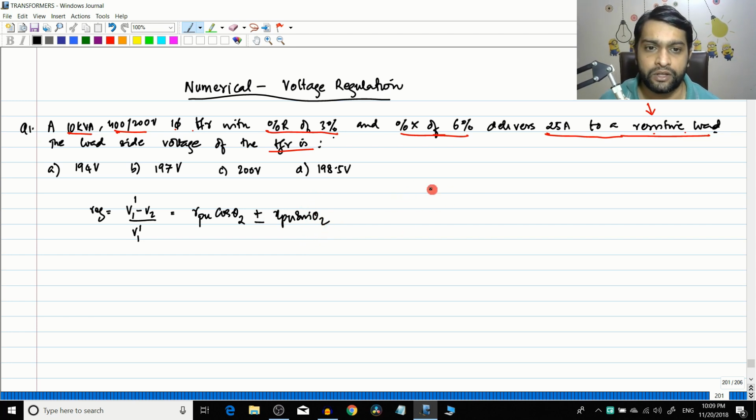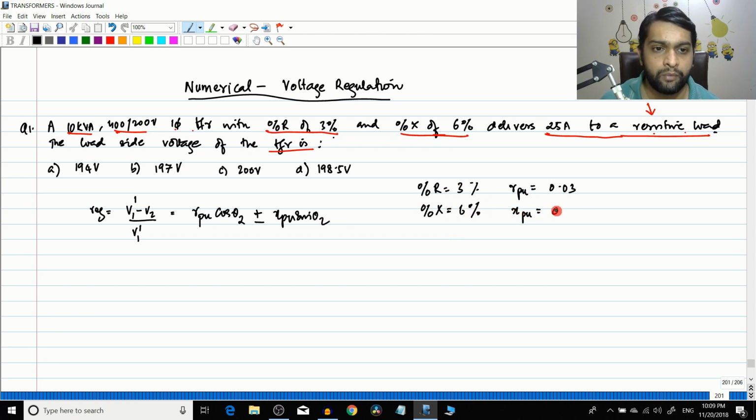So let's write down what is given here. Percentage resistance is given to be 3%, so the per unit resistance will be 3 by 100, which is equal to 0.03. The percentage reactance of the transformer is given as 6%, which means the per unit reactance is 0.06. They have also given that 25 amperes is delivered to the load.